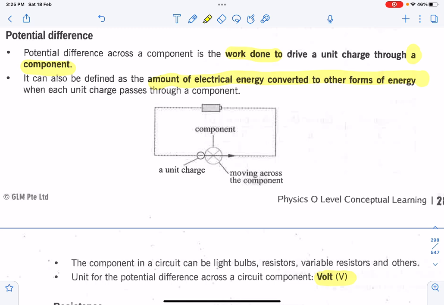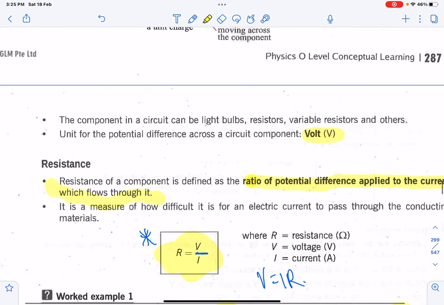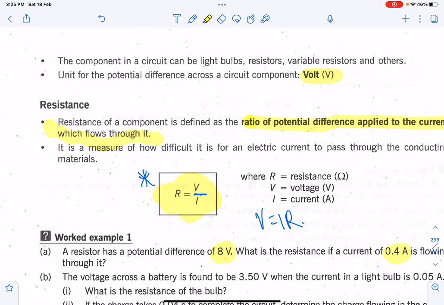So one very big difference between EMF and potential difference is that one takes into consideration the whole electrical circuit, the other is talking about the respective individual components, or the things that you put into the circuit, like a resistor, a light bulb, etc. The components can be resistors, variable resistors, even light bulbs, and the unit for the potential difference across a circuit component is what we call voltage.